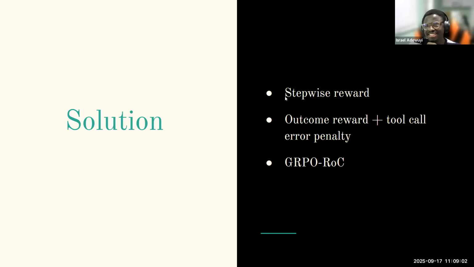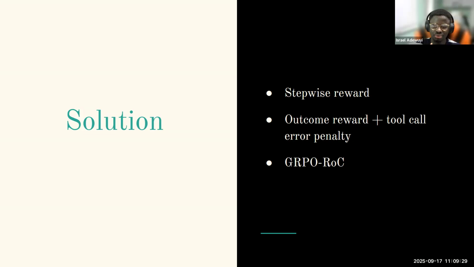The authors note that there are two solutions that have been explored in other literature. One is stepwise reward, so basically for every step along the reasoning chain, which seems to me in spirit like process reward, where you reward every intermediate step. The other is outcome reward, but you add some penalty terms to the trajectory rollouts that the model produces.